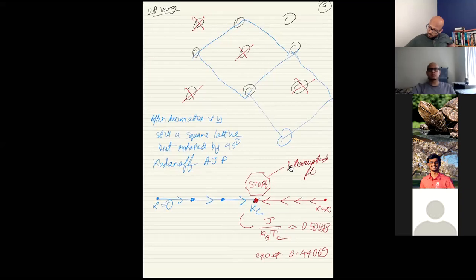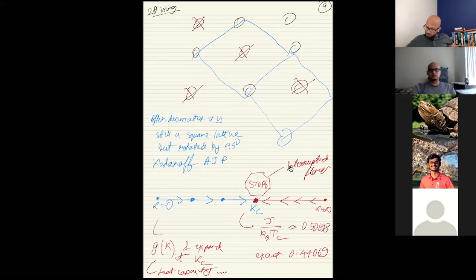I want to mention just one more point. In mean field theory, you can also take this G of K and expand it in some sort of Taylor series or things like that along Kc. From this, you can get the heat capacity, right? Because if you can write down the free energy as a function of temperature, and writing G of K as a function of K is the same thing as writing the free energy as a function of temperature, then you can differentiate it to get the heat capacity.